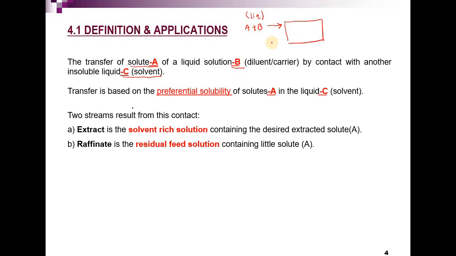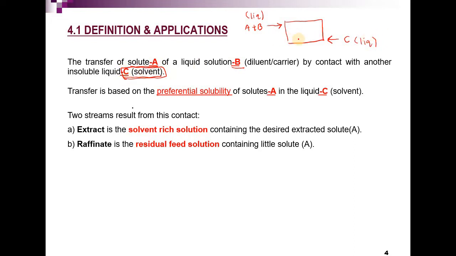In liquid extraction, I want to separate A and B, so I will use another liquid. I call it component C. It comes in the form of liquid. This is what I call a solvent. So liquid C is the solvent.